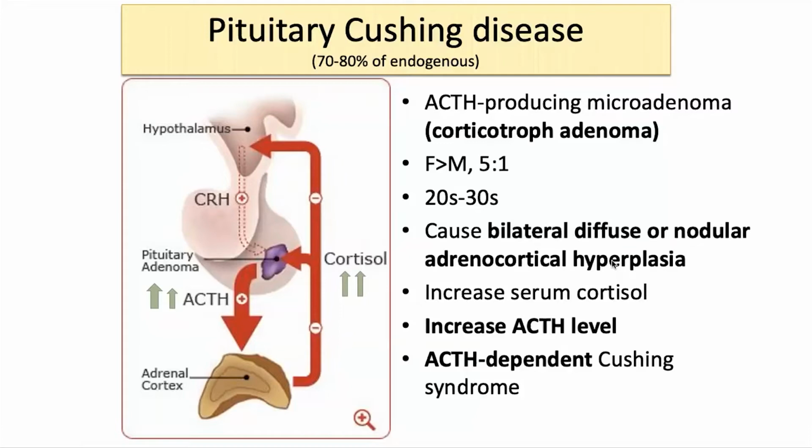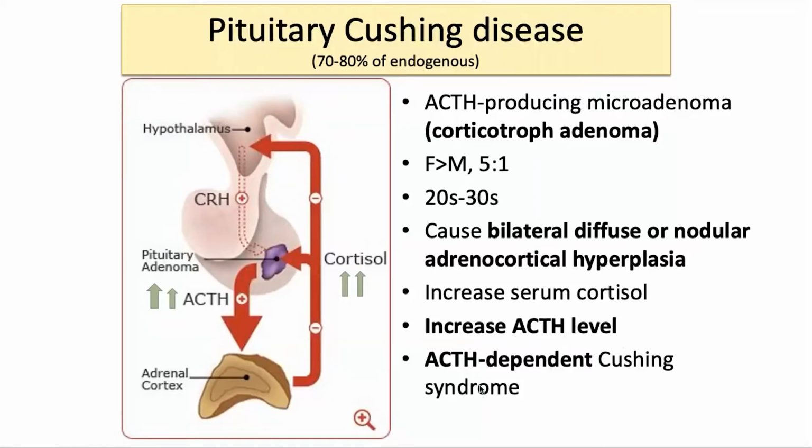Not only one area is hyperplastic, but the whole gland, because the hormone stimulates the whole area. Then there is an increase in serum cortisol by the adrenal glands, and also an increase in ACTH. This is considered ACTH dependent Cushing syndrome.